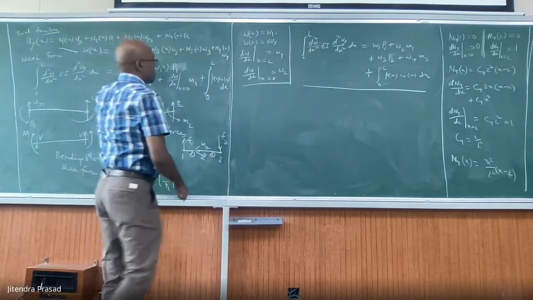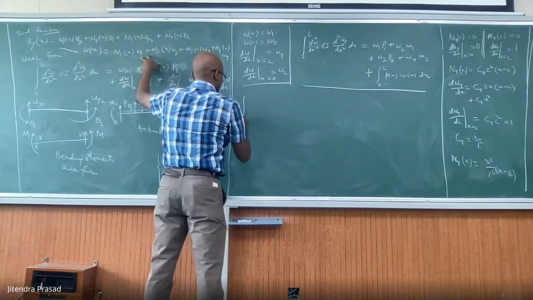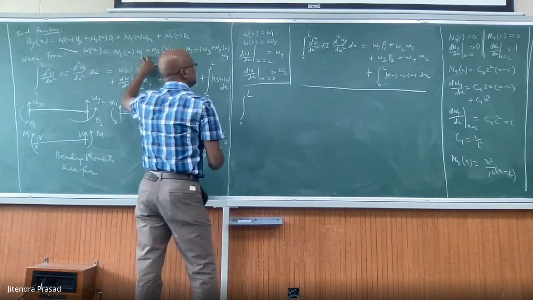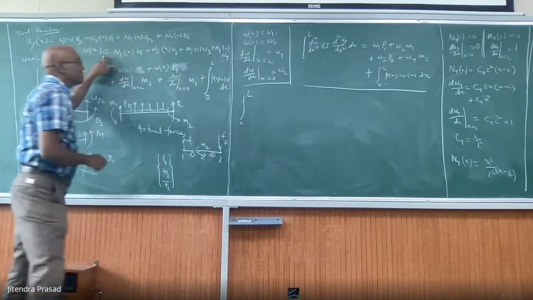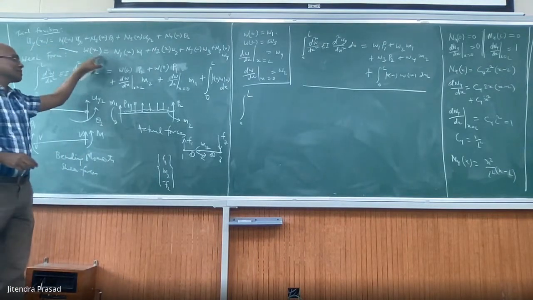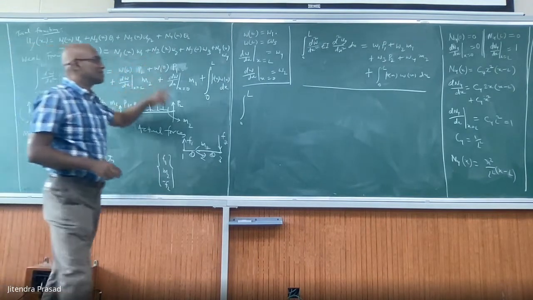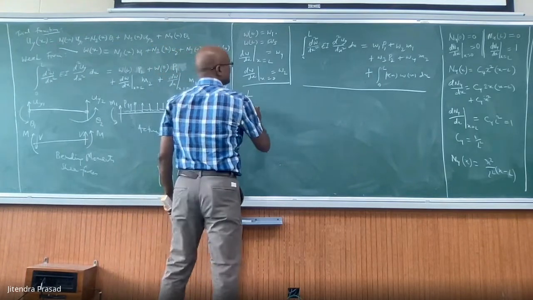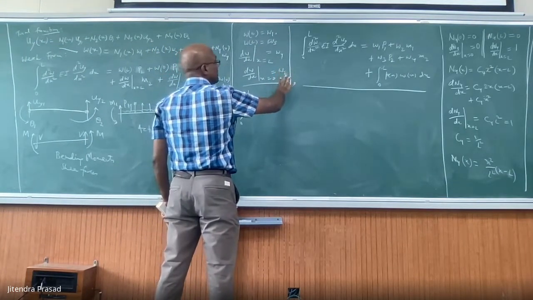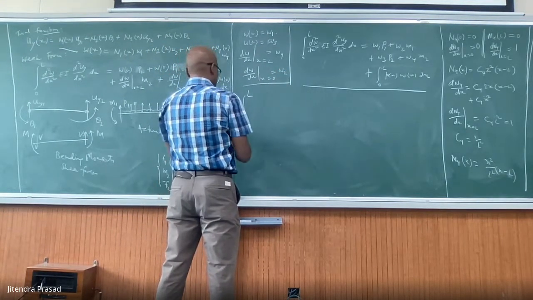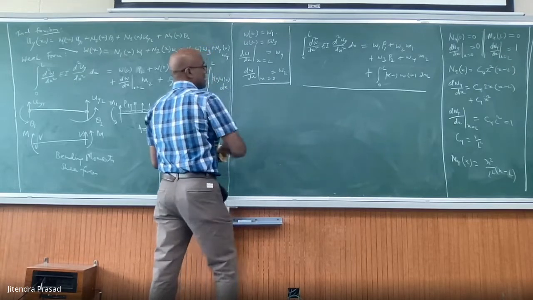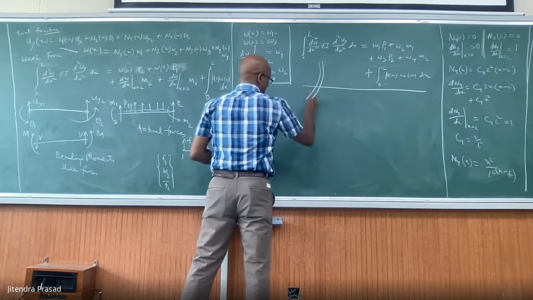So what will you get? We get the integral 0 to L, and we get the double derivative of this. Instead of writing like this, we can write straight away.